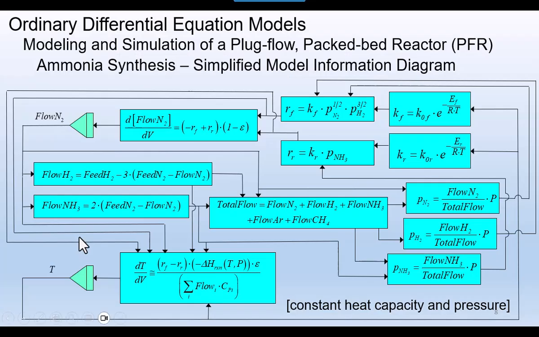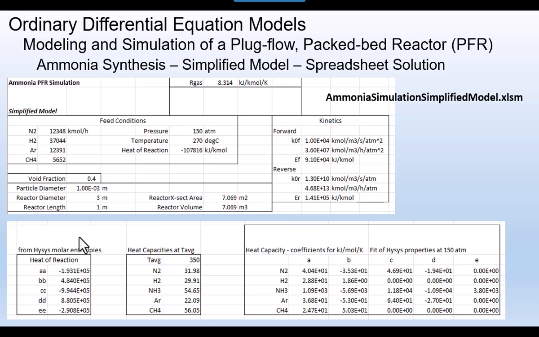and just walk through this from the slides. And you also have, of course, the spreadsheet that you can work with. And so these are the blocks that correspond to the basic data. And you'll notice that some of these were, for instance, the heat capacity that was obtained by taking properties from HYSYS.